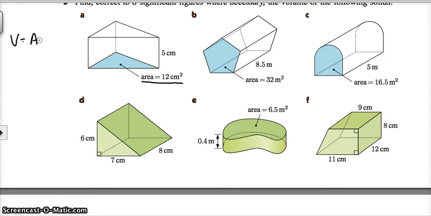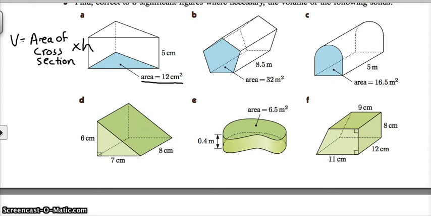They're still the area of the cross section. It's just that instead of using your area formulas from the past times by the height, they give you what the area is of that shape.